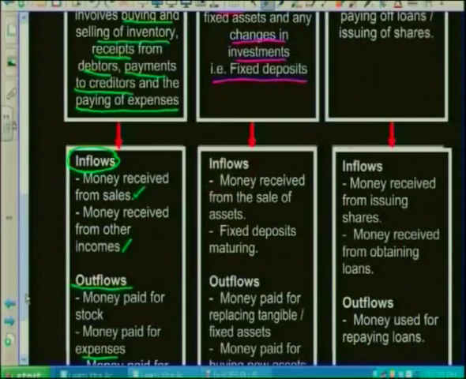Right, let's look at specific examples, which I've already mentioned, but let's look at the slide. Examples of your inflows when it comes to your investing activities: money received from the sale of your fixed assets or your tangible assets. When a fixed deposit matures, it is also considered to be an inflow of cash.